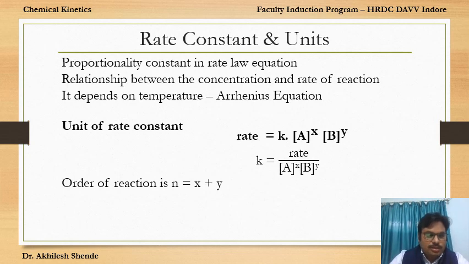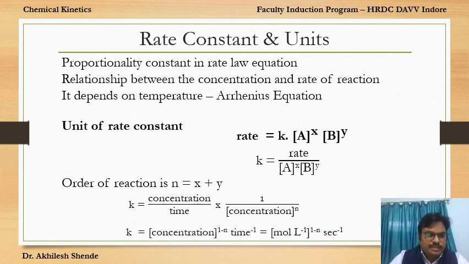Use the order value in the equation. K is equal to concentration per time into 1 over concentration to the power of n. So the unit of rate constant K is mole per liter to the power 1 minus n per second.